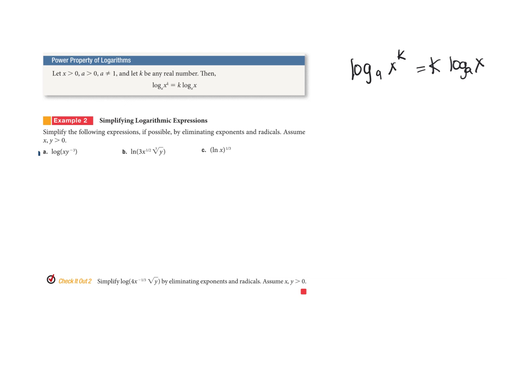All right, let's just let log base a of x to the k. Well, there's so many different ways we could think of this. This is just x times x times x times x, k times, right?